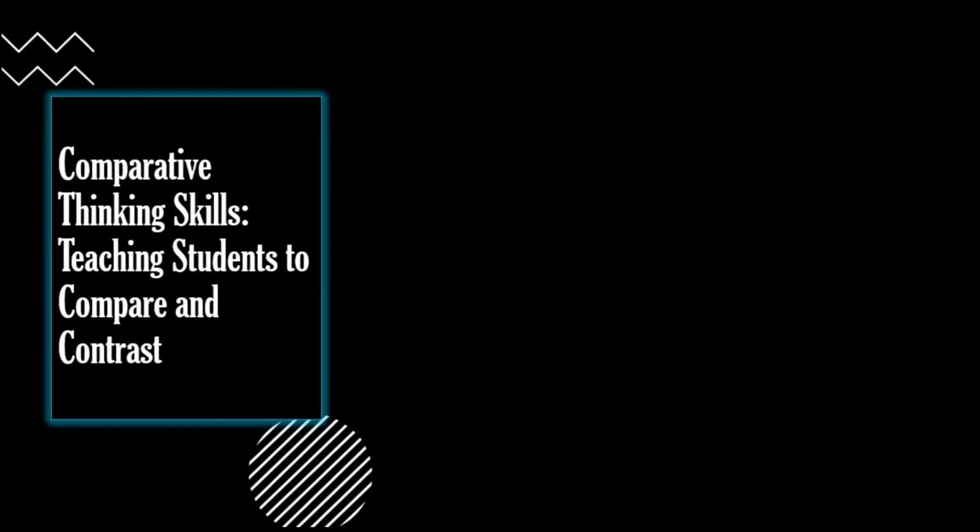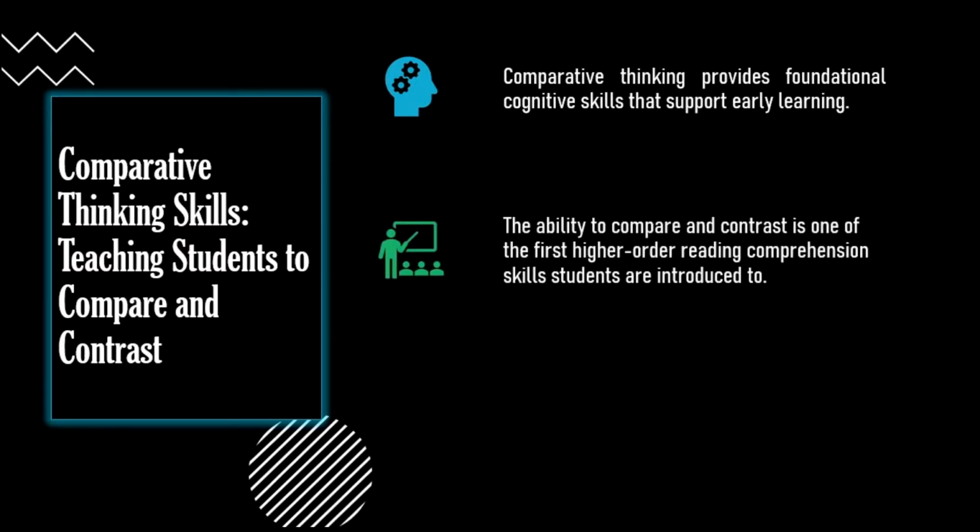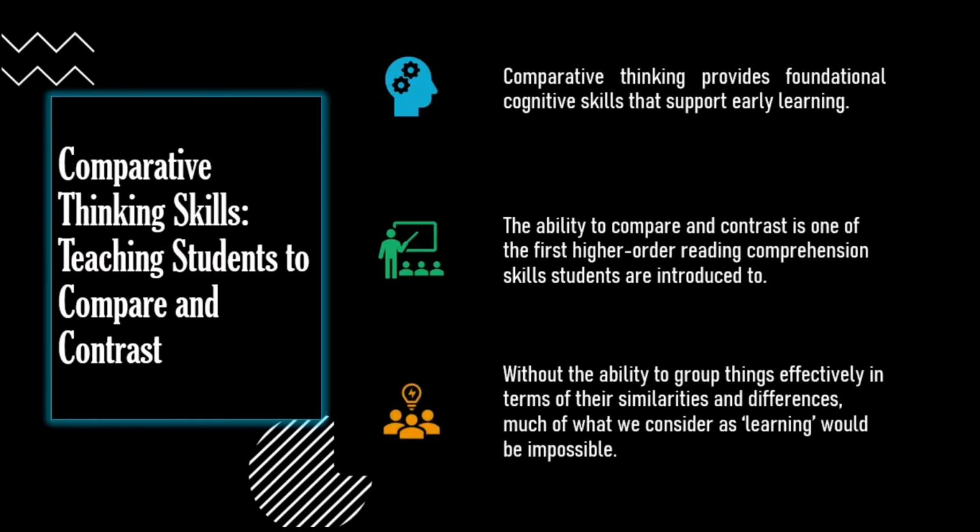Comparative thinking skills, teaching students to compare and contrast. Comparative thinking provides foundational cognitive skills that support early learning. It is our ability to compare and contrast, and that is considered one of the highest order thinking or reading comprehension skills.